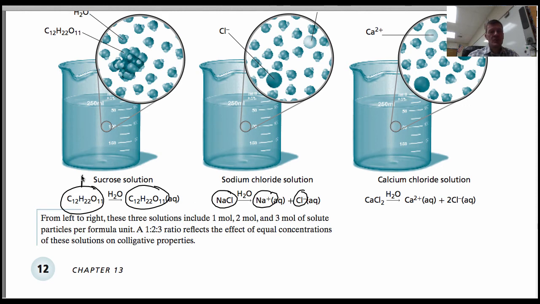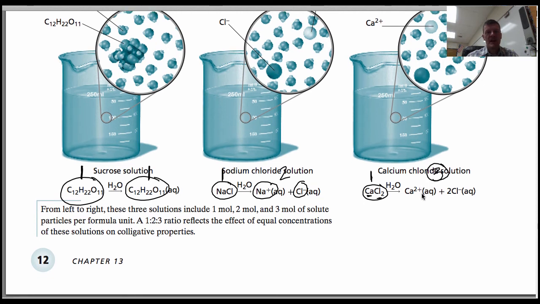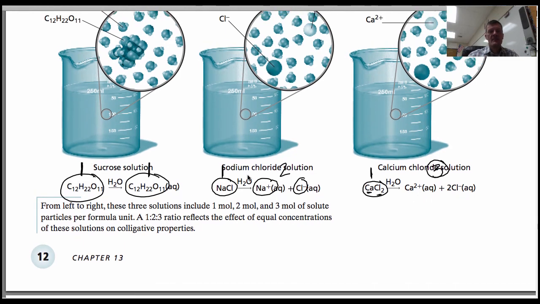So here you get one sugar, it still remains as one sugar when it dissolves. But one sodium chloride unit breaks apart into two particles on the other side. And here you'll notice that one calcium chloride, CaCl2, there are actually three particles in there that will all break apart to give you three particles on that side. So there's one other little trick that we have to apply if we have ionic compounds.